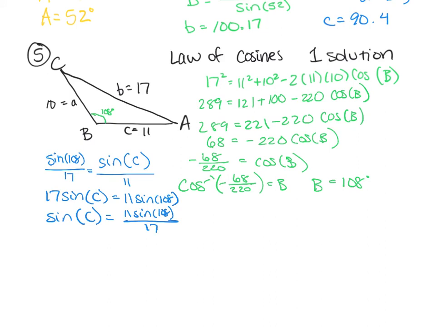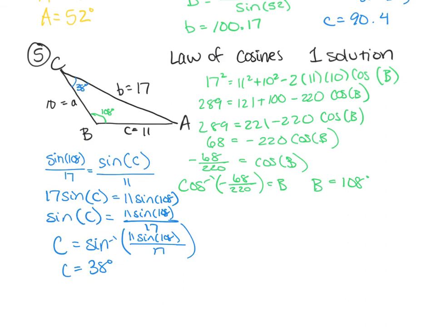And then use sine inverse to officially get C by itself. So C is equal to sine inverse of all of the above. And when I plug that into my calculator, I get 38 degrees.